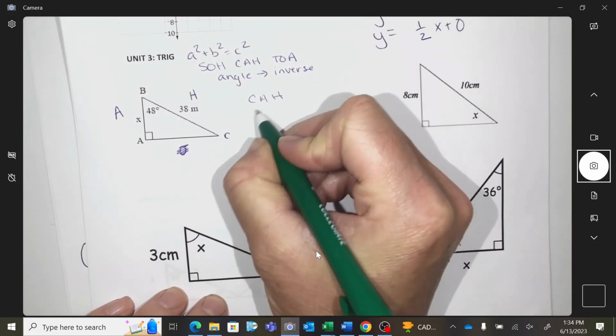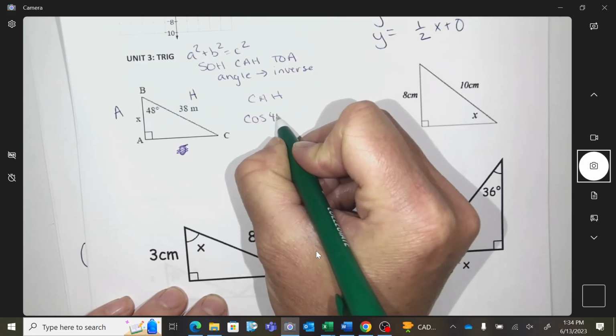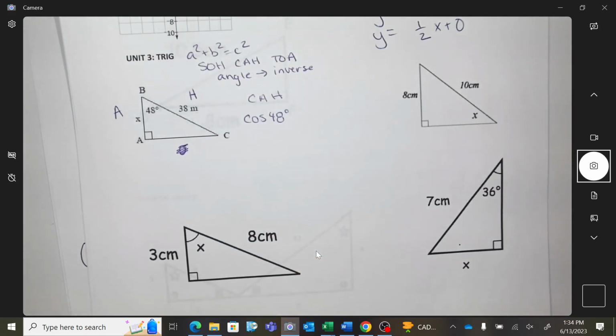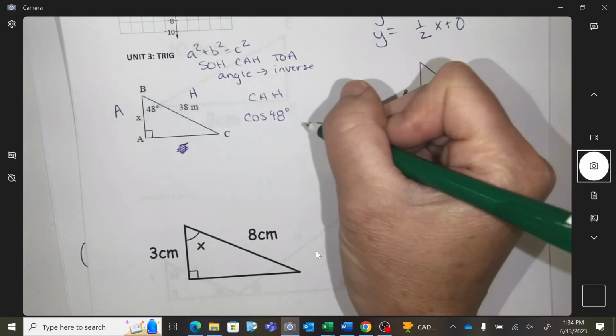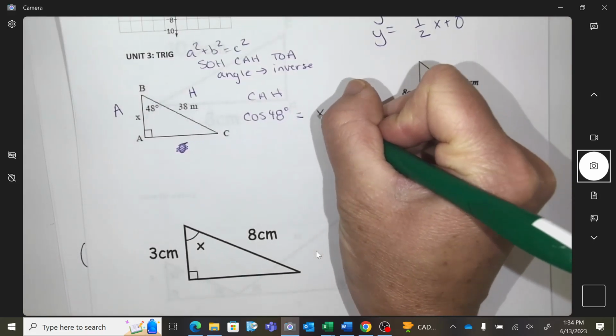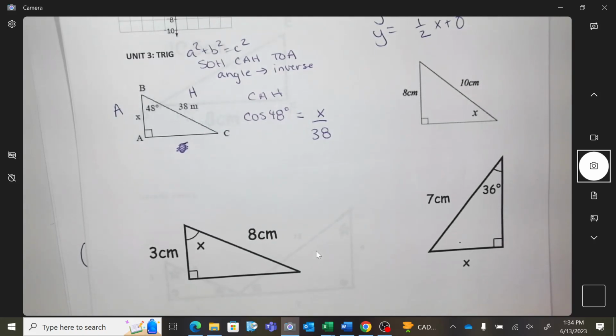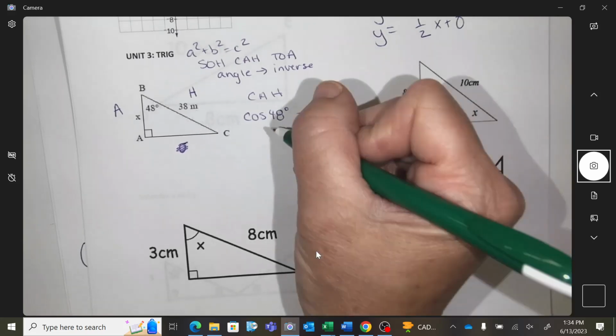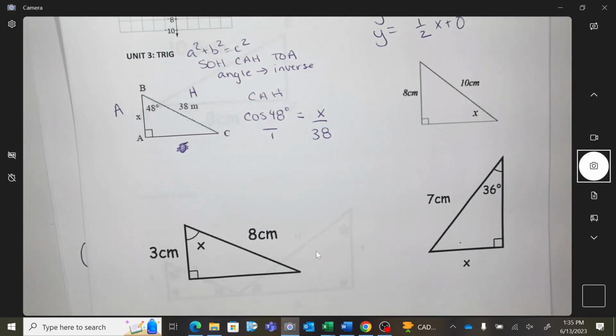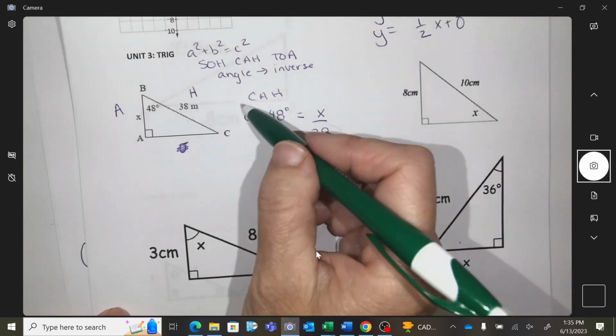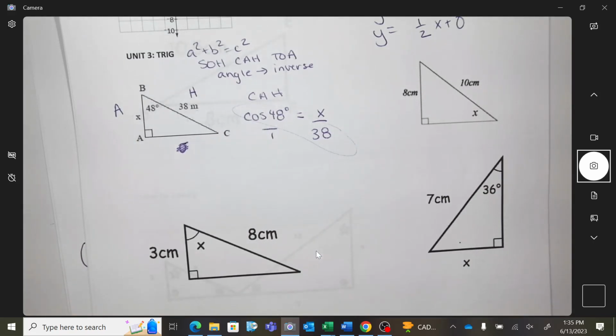CA. So I'm going to go cos of 48 degrees equals the fraction A divided by H. I'm just going to write that over 1 so that I'm making sure my brain knows what to multiply and divide. And that's a multiply. On your exam, what are you going to double check?